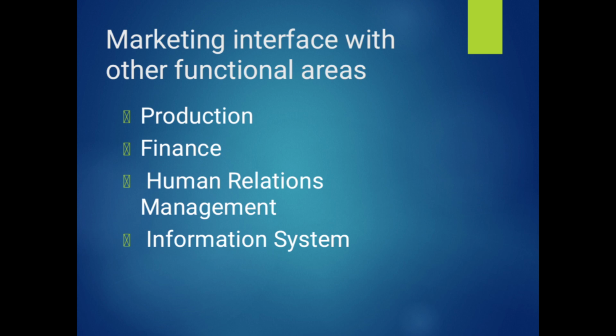The production and logistics functions within the business need to work in cooperation with the marketing department. Production or operations include many other activities such as warehousing, packaging and distribution. Production is where goods and services are generated and made.